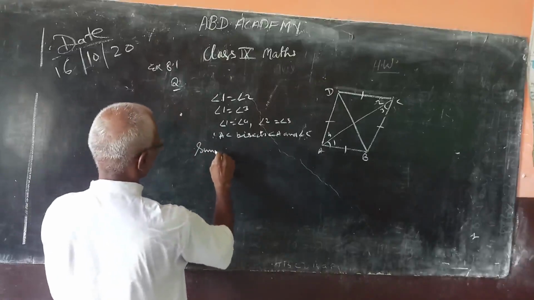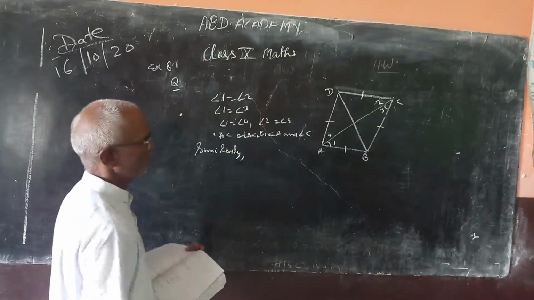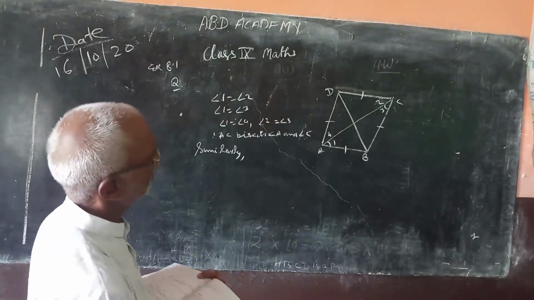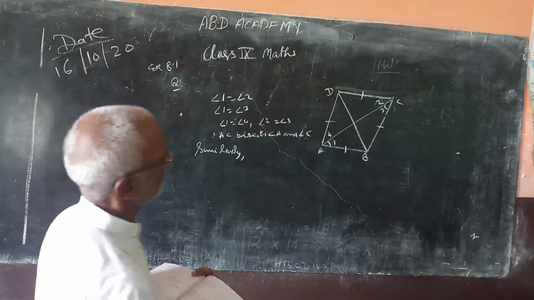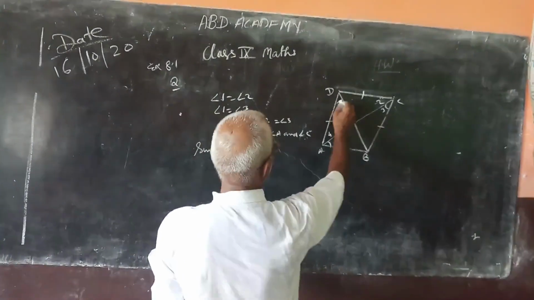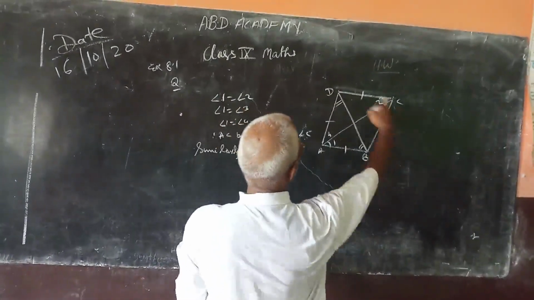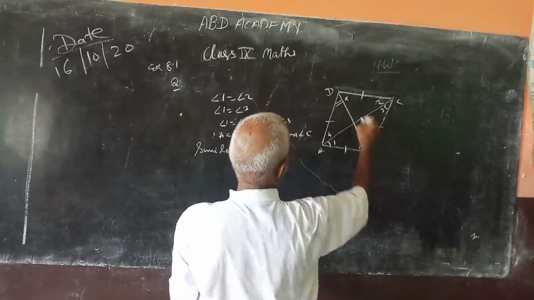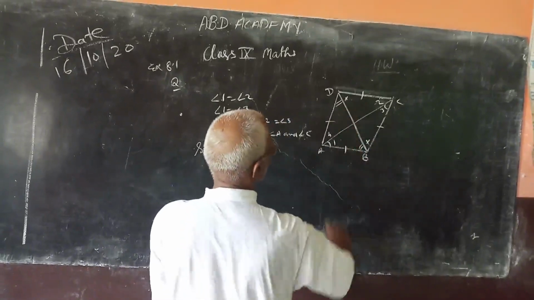Similarly, for diagonal BD, ABD is a triangle in which AB and AD are equal, so these two angles are equal. BCD is also an isosceles triangle. Therefore, these two angles will be equal. But this and this are alternate angles.